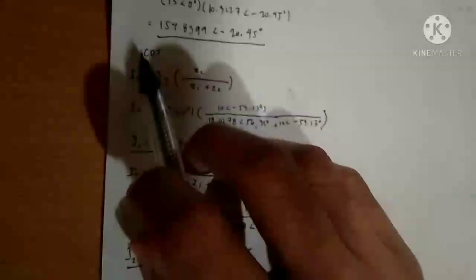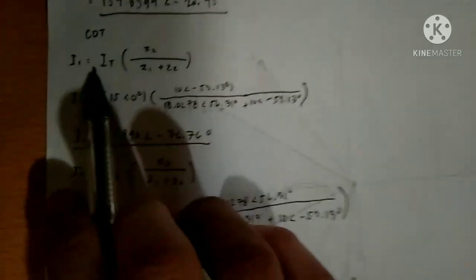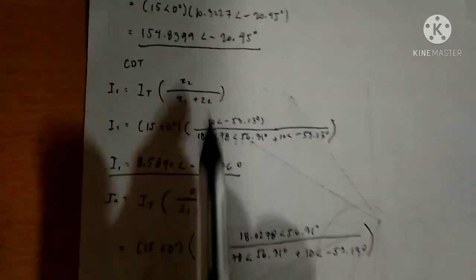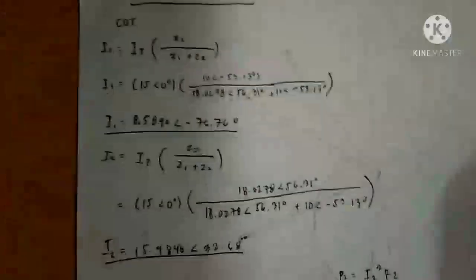Now we are going to solve for the current because we have all the values for the impedance. This is the current division theorem. It only applies to parallel circuits. This is the formula that we'll be using: I1 is equivalent to I total times Z2 over Z1 plus Z2. We have all the values, so all we have to do is substitute.